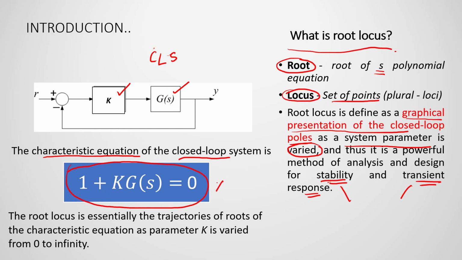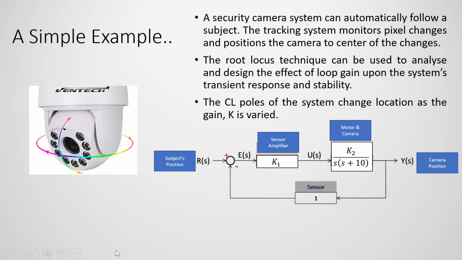This characteristic equation is very important. Why? Because of the gain K. The variation of this gain K will determine the response of the system, because we can see the trajectories of the root locus from the characteristic equation when this parameter K is varied from 0 to infinity.